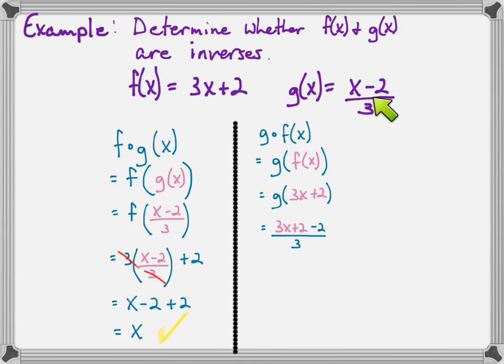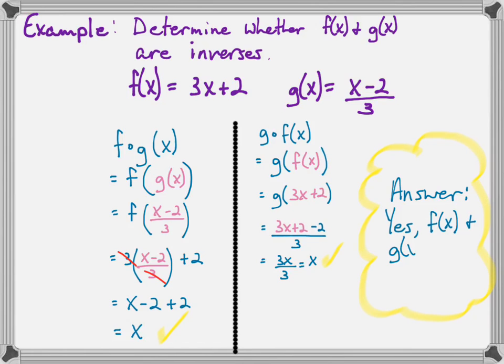So the pink stuff minus 2 over 3 simplifies to simply 3x over 3 equals x. That's what we wanted. So since it equals x composing this way and this way, we can say that f and g are in fact inverses.